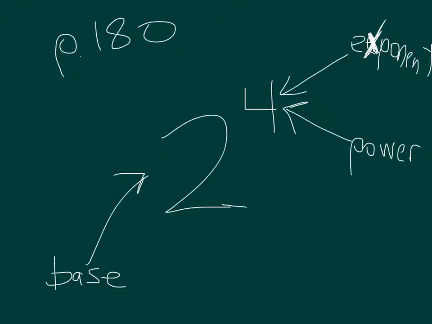So let's move on to the next. Another thing on page 180 is it has a table there, just a table of understanding, and it has 2 to the 1st power is just 2. Notice 2 doesn't have the 1 on it, so any number that just has a number by itself actually has the exponent of 1 already.